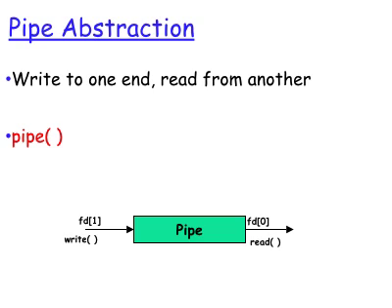You create a pipe using the pipe system call, which takes no arguments but returns two file descriptors. One file descriptor, shown here as FD0, represents the read end of the pipe. Another file descriptor, shown here as FD1, represents the write end of the pipe.